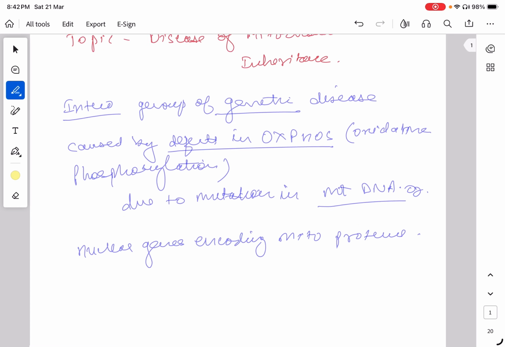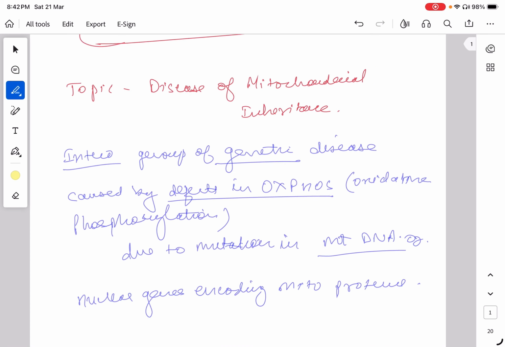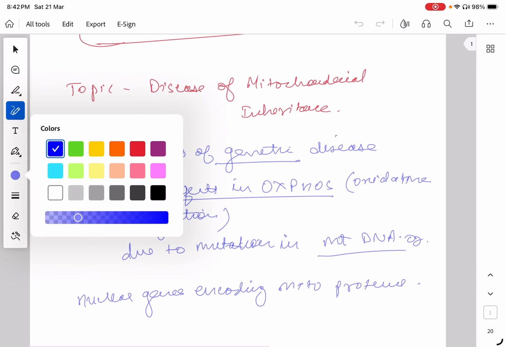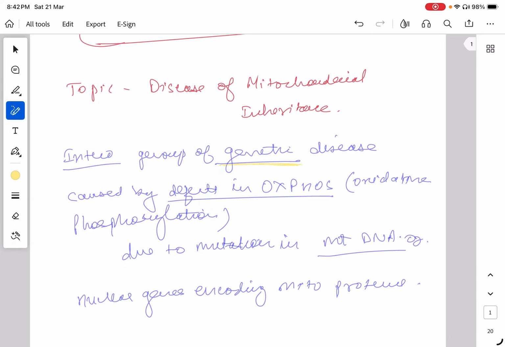Going through this again, these are genetic diseases caused by defects in oxidative phosphorylation, due to mutations in mitochondrial DNA or nuclear genes encoding mitochondrial proteins. So this is what mitochondrial disease is all about.